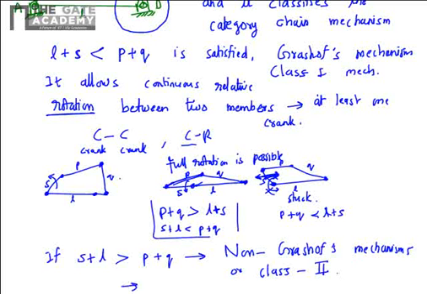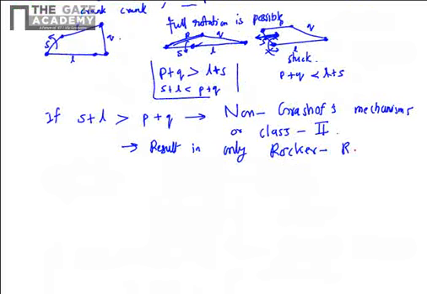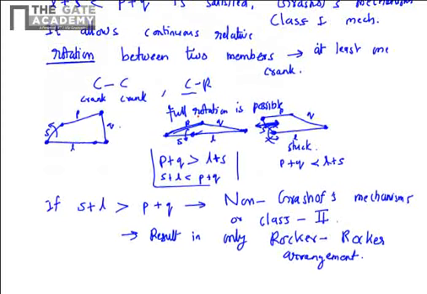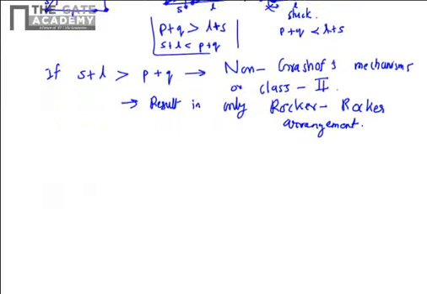Such mechanisms can result in only a rocker arrangement, whereas in the earlier case we saw that the crank and the crank-rocker arrangements are possible, so there is a crank in the arrangement.